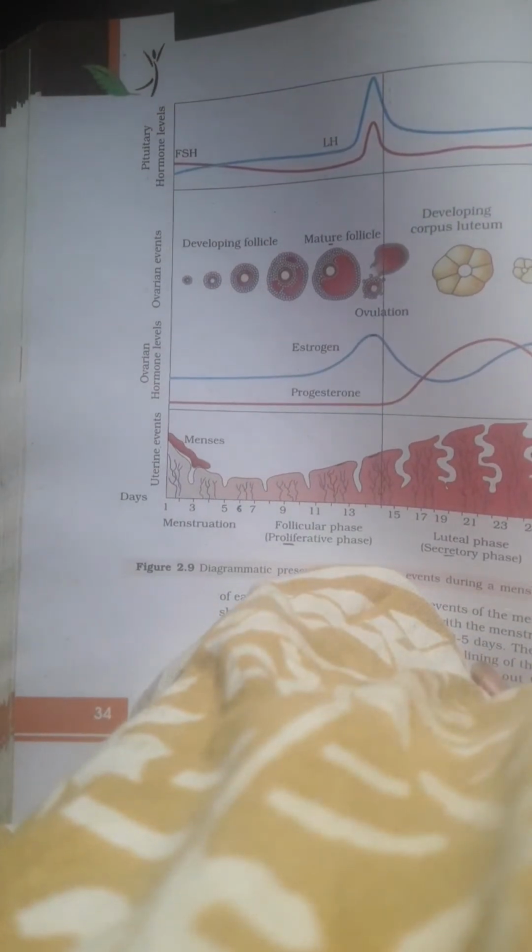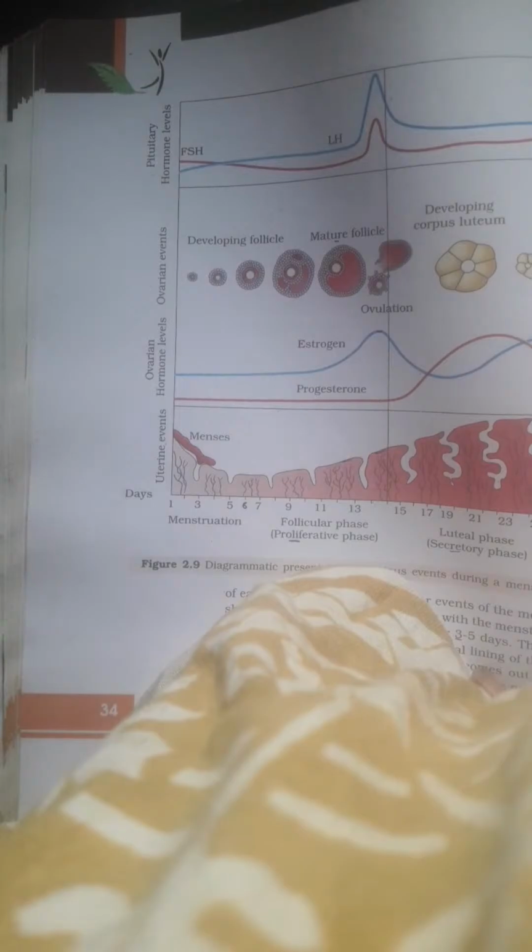So as the developing follicle grows into a mature tertiary follicle, known as the Graafian follicle, and when FSH and LH attain a peak, this mature Graafian follicle ruptures and releases the ovum, and that is ovulation.